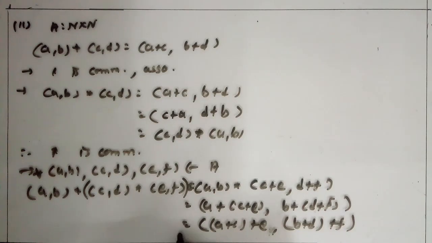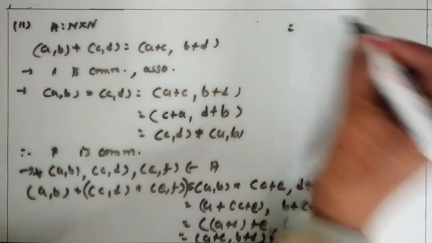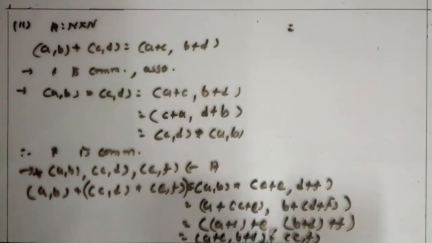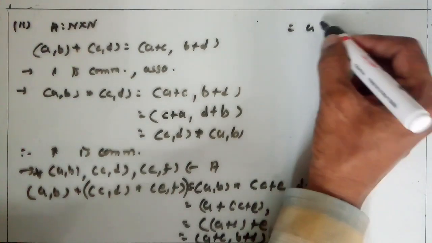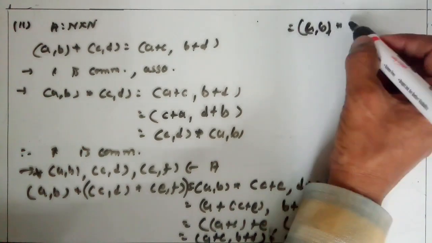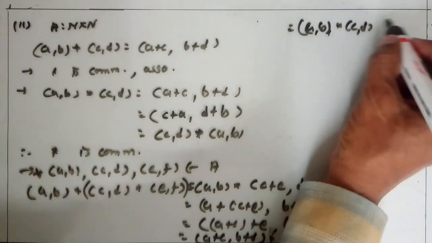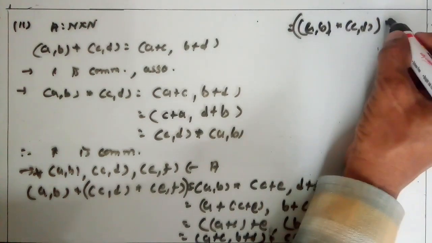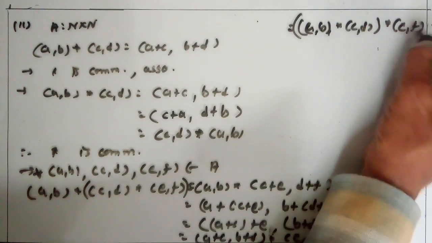So this becomes (A plus C, B plus D) star (E, F), and (A plus C, B plus D) is the star operation of (A, B) star (C, D), bracket over star (E, F).